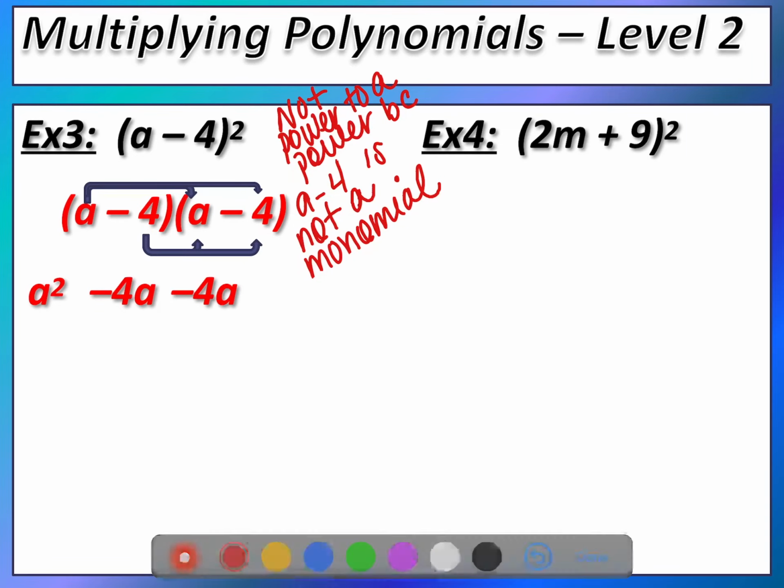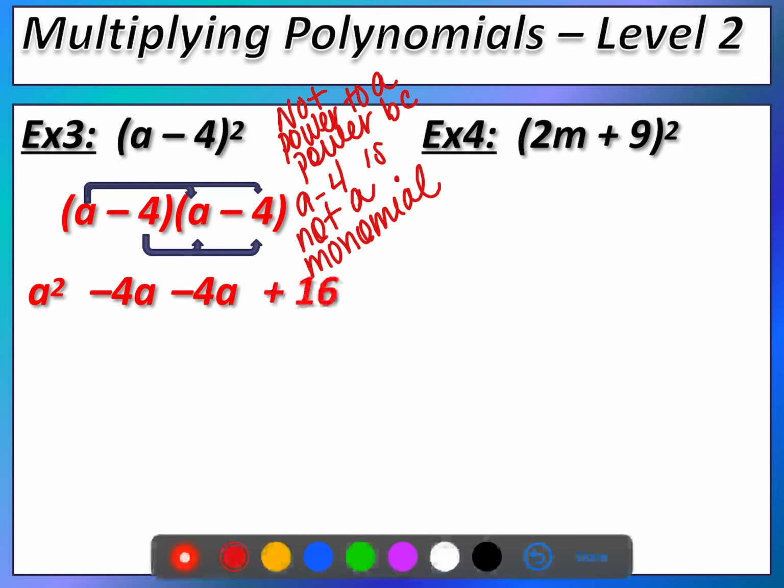And then last, just watch your signs, plus 16. Okay, I do have like terms to combine. Negative 4 minus 4 is negative 8. So a squared minus 8a plus 16. Make sure you are only adding and subtracting the like terms.